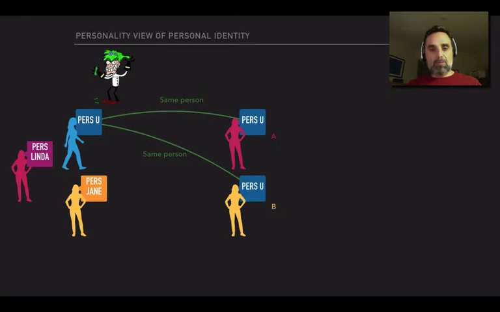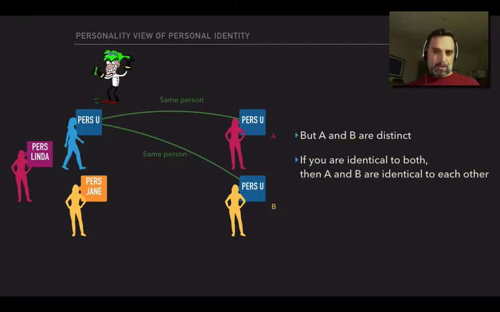Well, now there's a problem. On the one hand, A and B are distinct, but on the other hand, if you're identical to them, then they're identical to each other, if the equals of equals are equals. So on the one hand, we think A and B are distinct. They're different bodies. They have qualitatively similar psychologies, but just like the qualitatively identical rubber duckies, we have qualitatively identical but distinct psychologies.